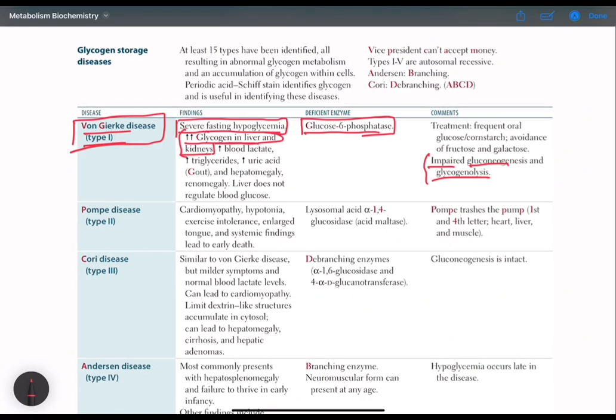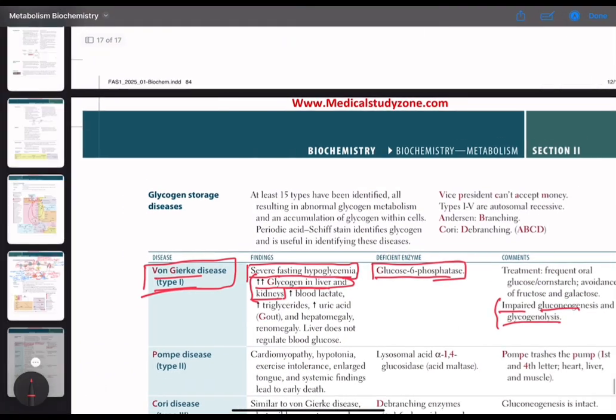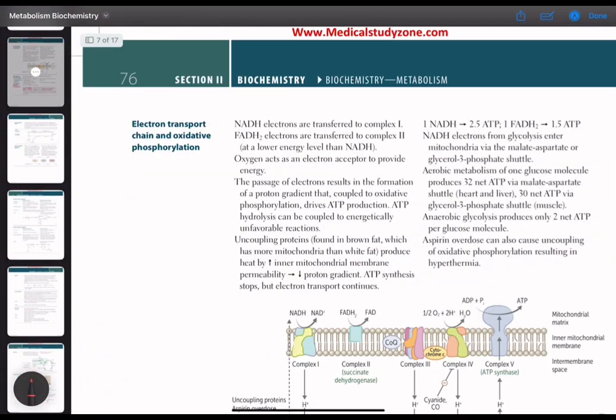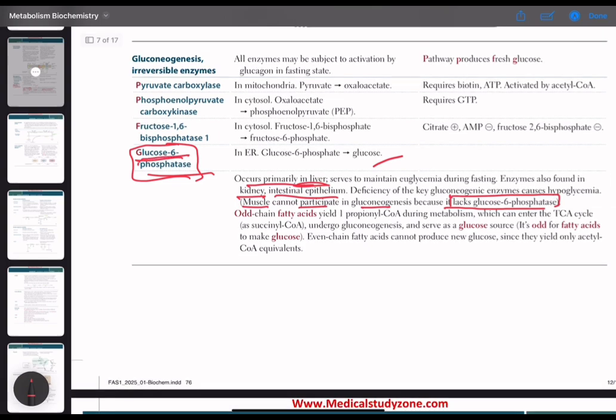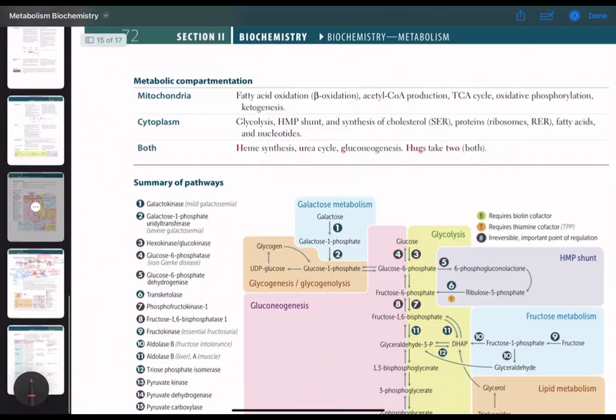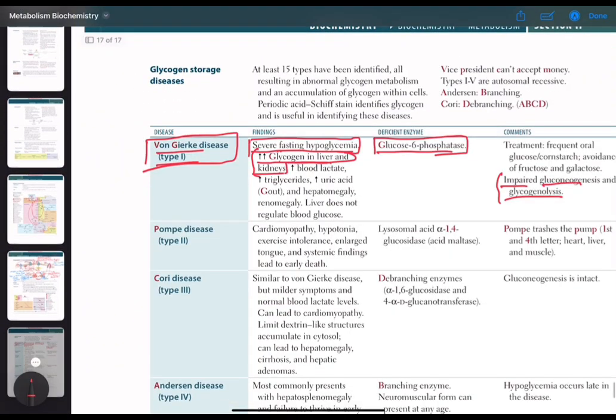As we know, glucose 6 phosphatase occurs primarily in liver as well as in kidney and intestinal epithelium, so glycogen will accumulate in liver and kidneys because glucose 6 phosphatase is absent.